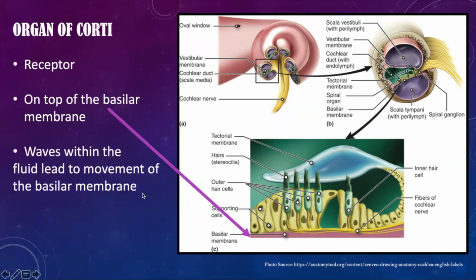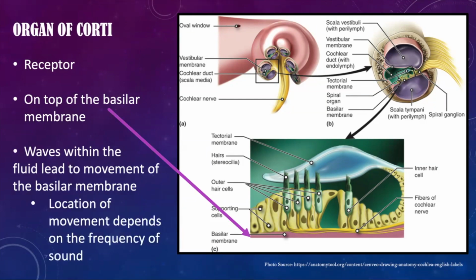And the basilar membrane waves or ripples in response to the movement of the fluid inside of the cochlea. It responds differently to different frequencies. So different parts of the basilar membrane will move depending on the frequency of the sound, which helps us with our perception of the frequency of the sound that we're hearing.